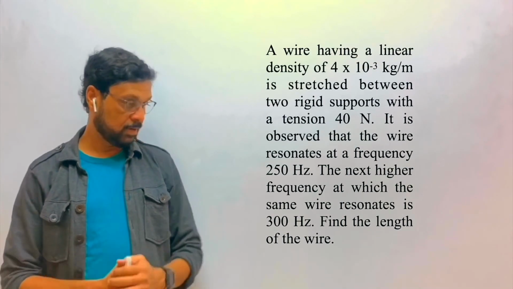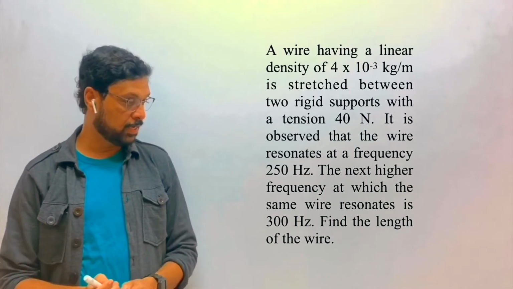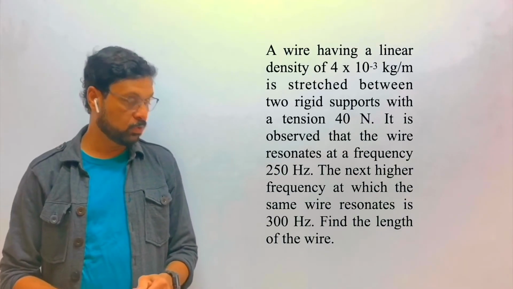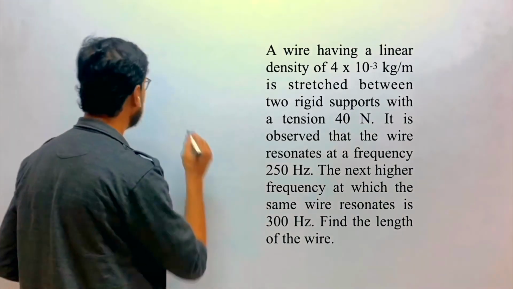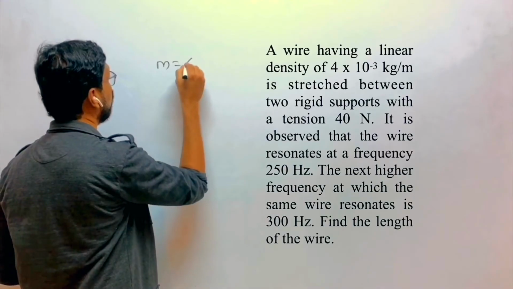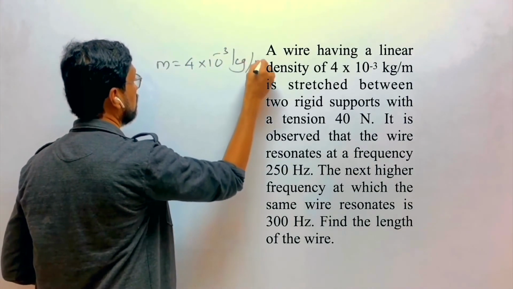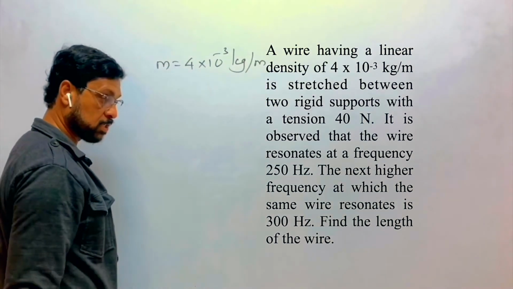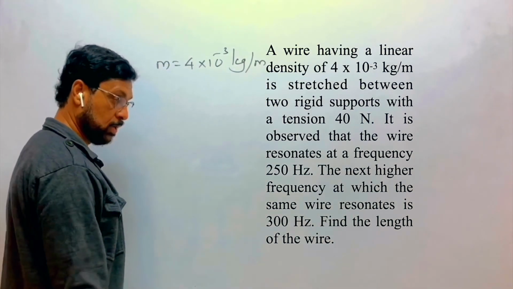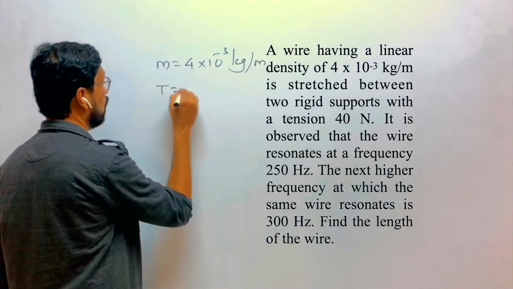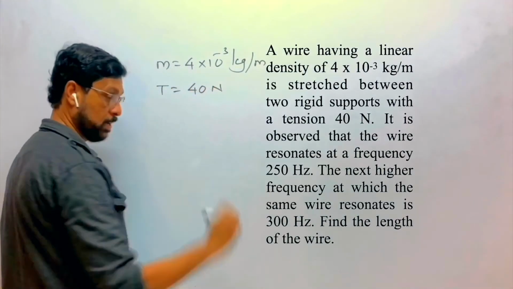A wire having a linear density of 4 into 10 raised to minus 3 kg per meter is stretched between two rigid supports with a tension of 40 Newton.